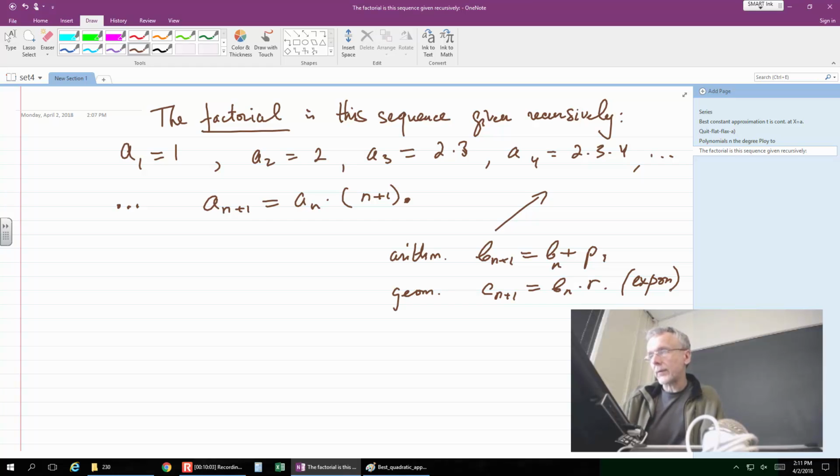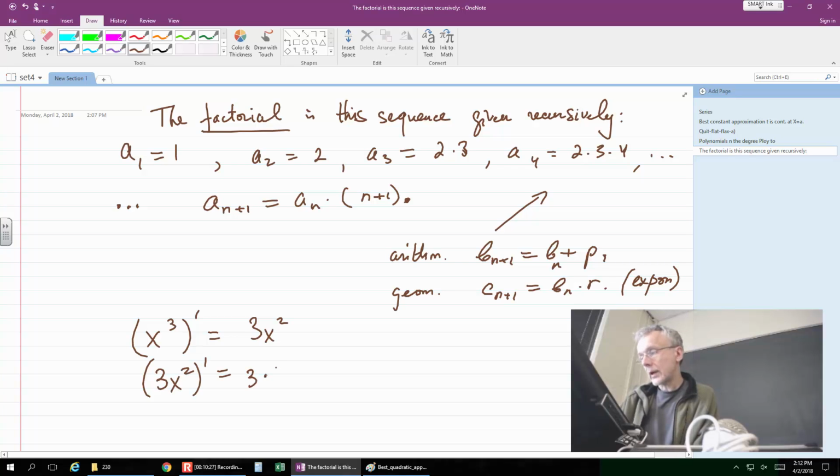So, for example, if I start with the power functions and differentiate, say, x cubed, if I differentiate enough times, what do I get? If I differentiate it once, I'll have 3x squared. If I differentiate one more time, it will be 3 times 2x.